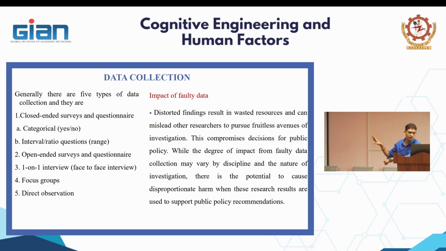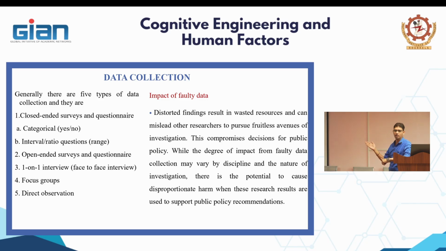Basically, the closed-ended survey. The closed-ended survey is again divided into two different subcategories, that is the categorical or the interval. Any doubt? Okay, categorical means yes or no type. The interval or ratio type is like when, after purchasing on any commercial site online, you give ratings: 5 star, 2 star, 1 star, no star.